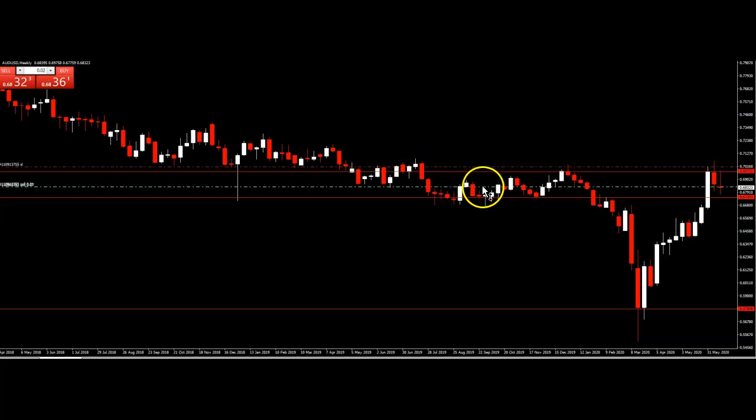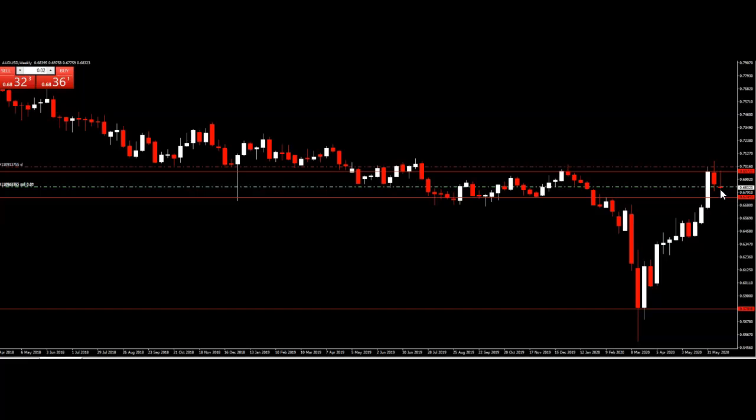You feel me? So it tried so many times, and this big candle right here, I thought it would probably break it and probably fool a lot of people that were in this trade, guys. They put a buy in because it's a long candle, and then this week right here, a whole week candle, it broke it.